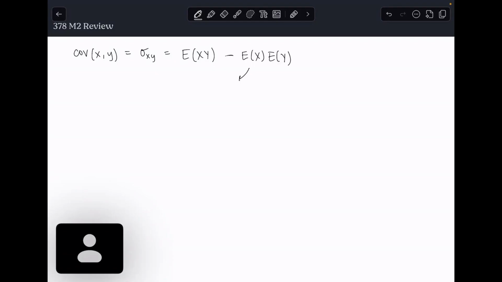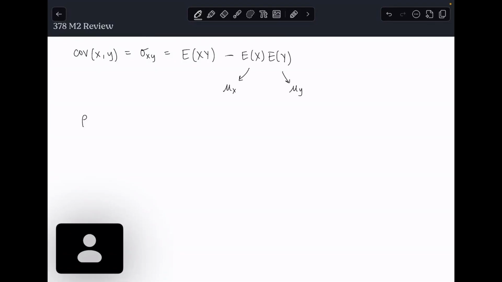You might see these as mu x or mu y. It's the same thing in this case. That is your covariance.